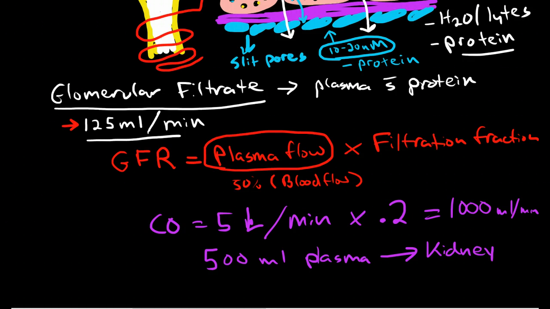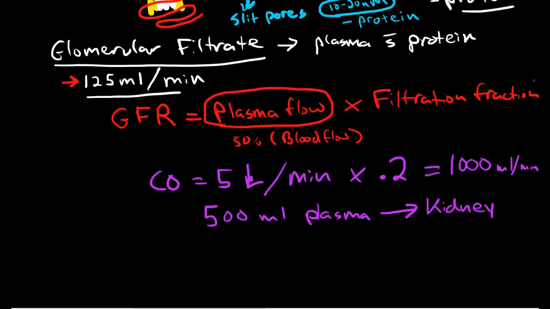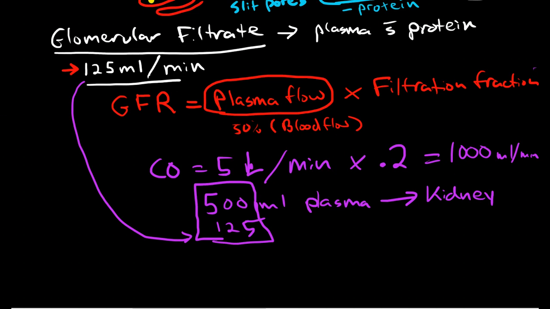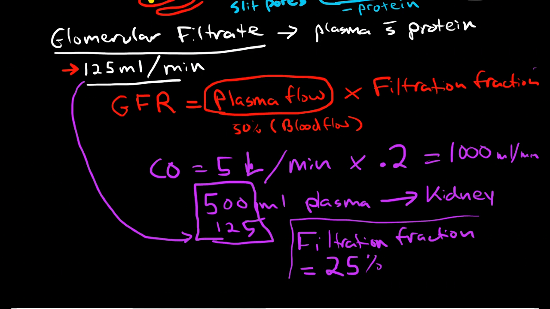And under normal situations, 125 mLs per minute is made into glomerular filtrate. So the filtration fraction is usually about 25%. Now, this can change considerably, and we'll talk about how in a minute.